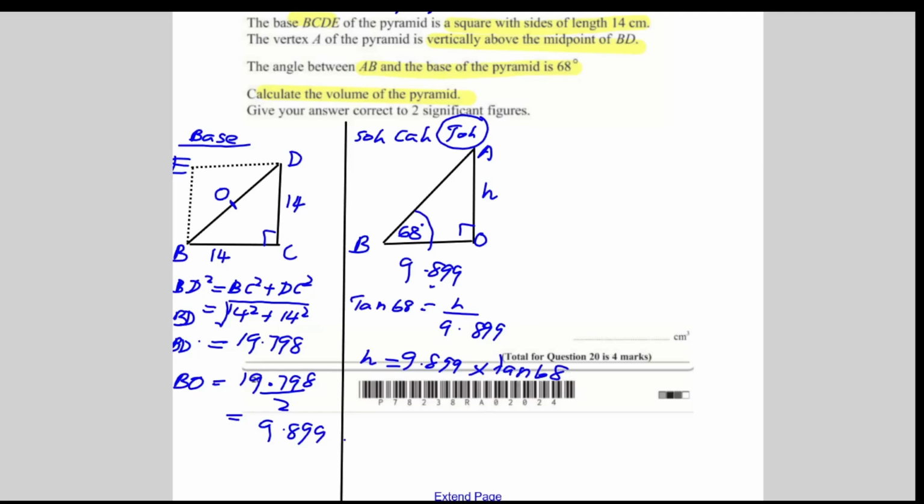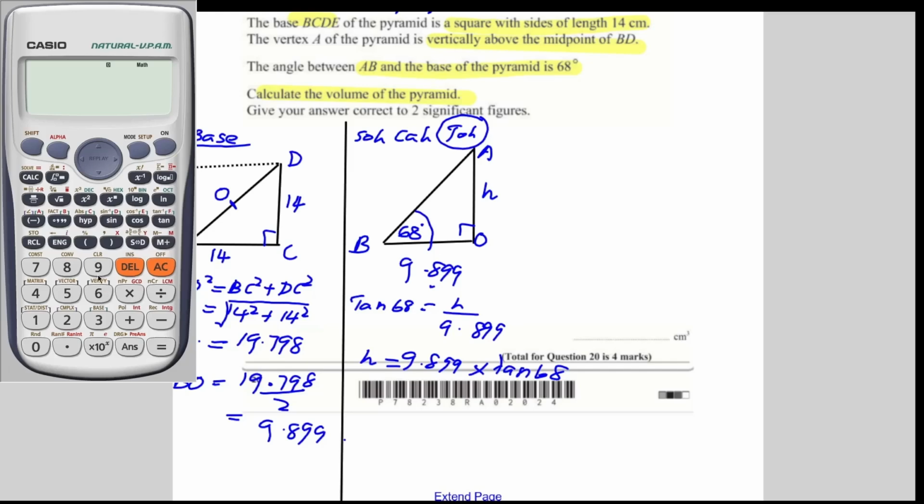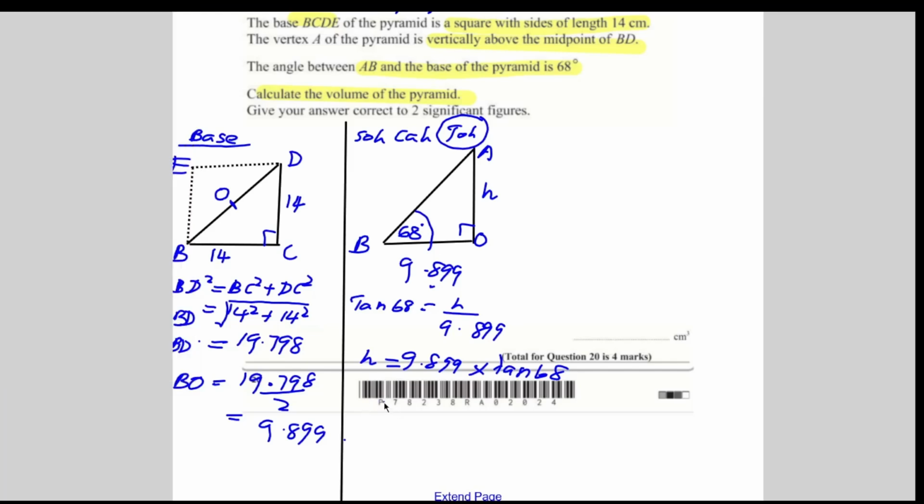So let's use the calculator. 9.899 into tan 68 gives out 24.502. So height equals 24.502. So we are done with height.